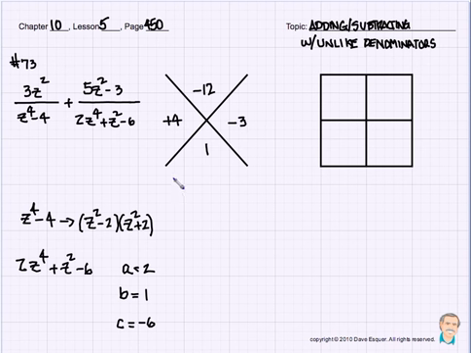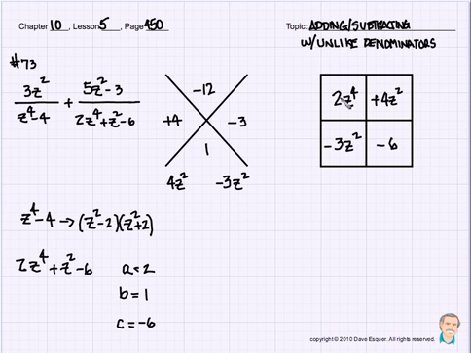And we're going to be using a 4z squared and a minus 3z squared. So let's put those into our box up here. We have 2z to the fourth minus 6. We have a plus 4z squared, and we have a minus 3z squared.